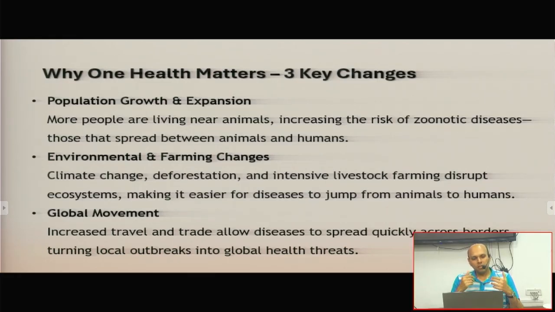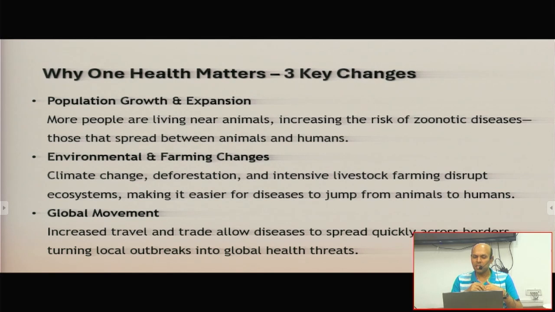Then you have got the environmental and farming changes. So climate change is one of the things. Deforestation, right? When you're moving into rural areas, if there are any trees, you are creating buildings, for example, for housing people and other things. So that also has an impact on the environment.